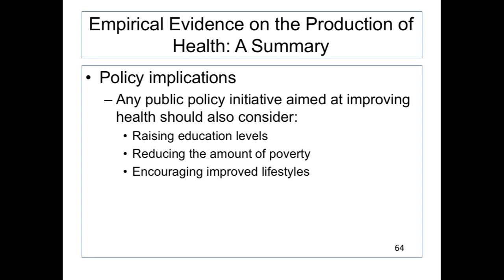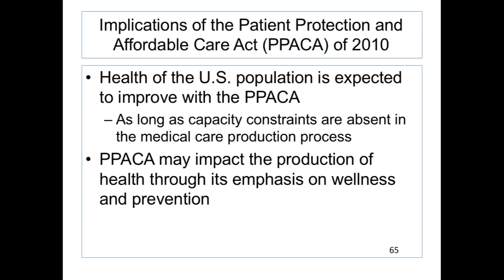So those are the policy implications: when you are allocating your resources, you have to know that raising education level, spending money on education, reducing poverty, or encouraging an improved lifestyle are all as important as medical care.